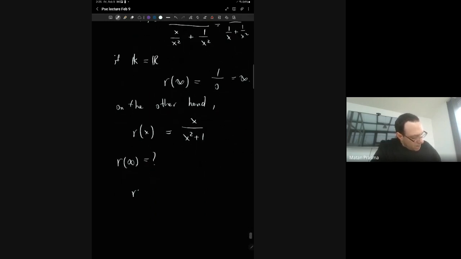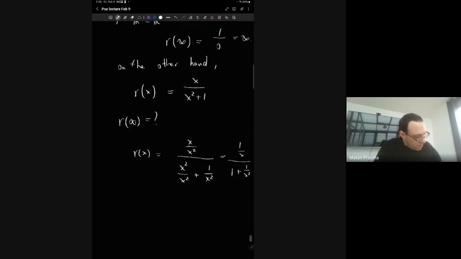I write R(x) by dividing by the highest monomial, so x divided by x squared, over x squared divided by x squared plus 1 divided by x squared. This is 1 over x divided by 1 plus 1 over x squared.